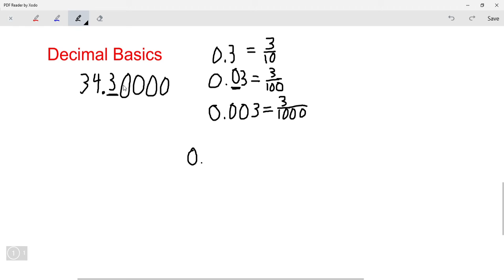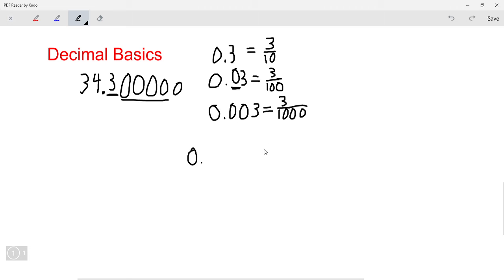As long as the zeros are after the decimal and there are no digits other than 0 after the 0. Like if I were to put another digit here, like if I were to put a 4 here, then obviously we need to keep these as placeholders. But if the 4 is not there, and it's just zeros from here on out, then it doesn't matter.